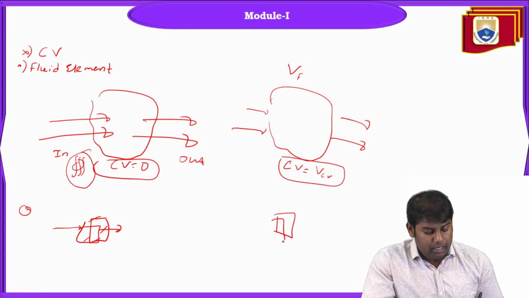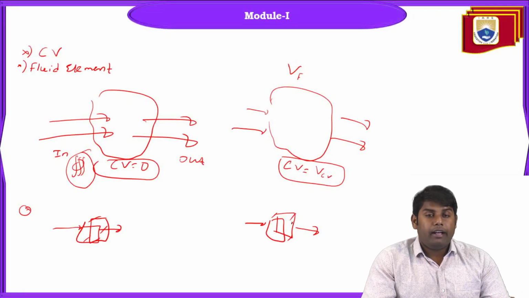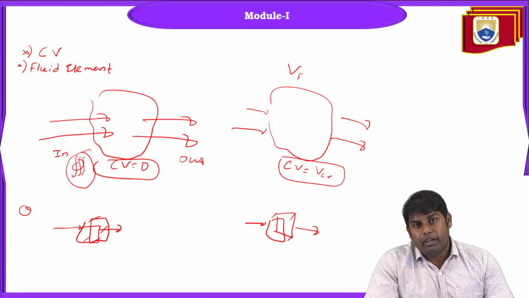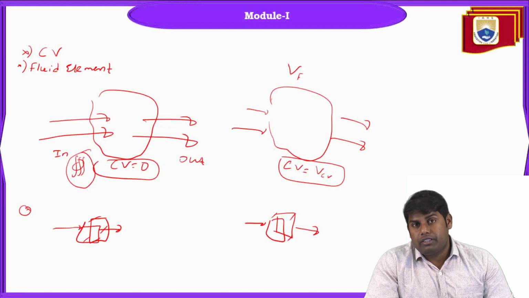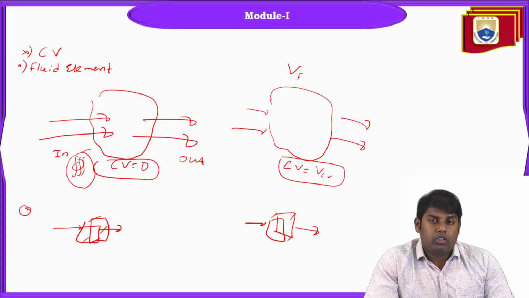Another point is that the fluid is moving with respect to the flow. Whatever approach we take for deriving the governing equations, one is moving with the flow, the other is stationary. When it is moving with the flow, we take the relative velocity. When it is stationary, we do not take the relative velocity; we take whatever flow velocity we have.